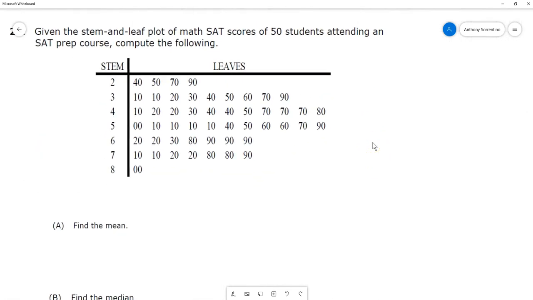So you have to remember that when you have a stem and leaf plot, which is what this is, this data up here is actually saying I have data of 240, 250, 270, and 290. Then the list keeps going on and on.